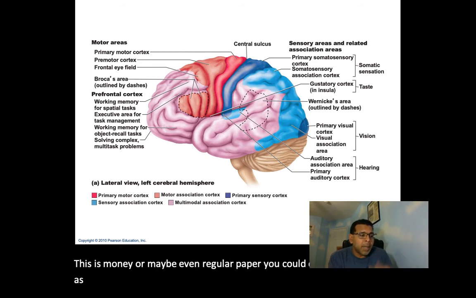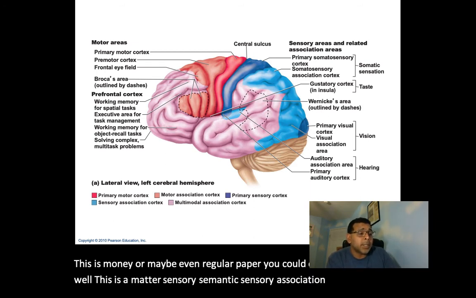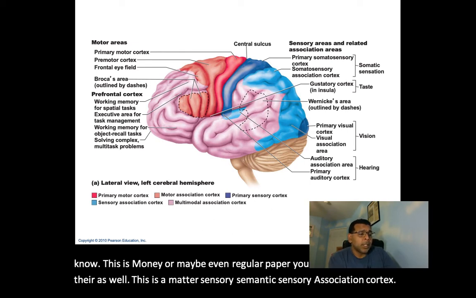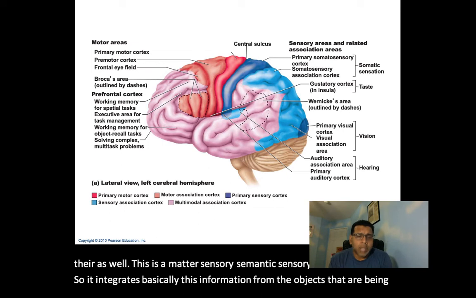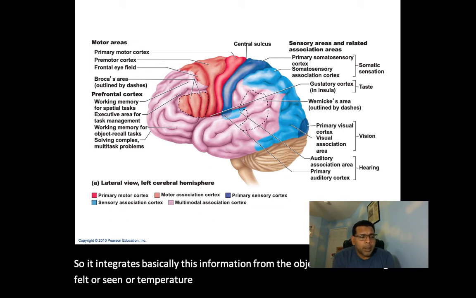So the somatosensory association cortex integrates sensory inputs from the objects being felt or seen, or temperature being sensed, and helps to produce an understanding.